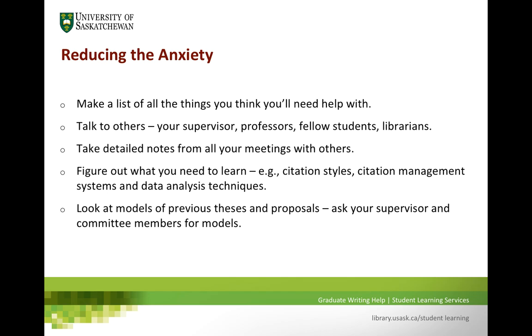You probably need to learn data analysis techniques for your thesis, statistical analysis, all of this. So maybe you need to improve your English skills, your writing skills. Make a list of all of those things, and then figure out how you're going to learn the things that you need to learn.